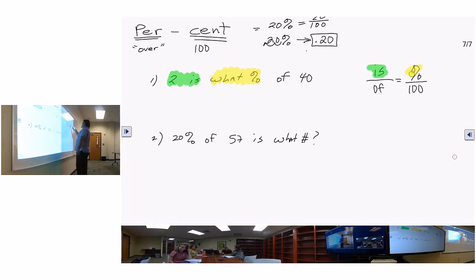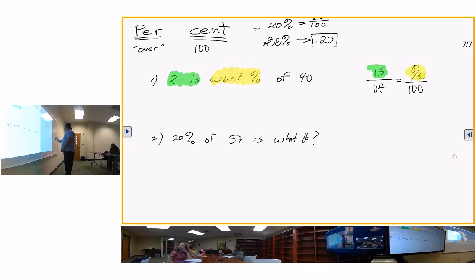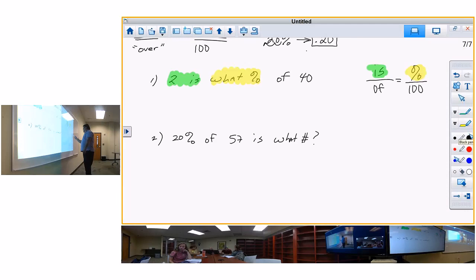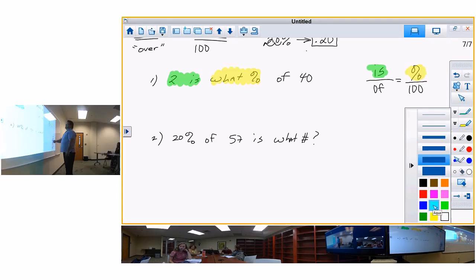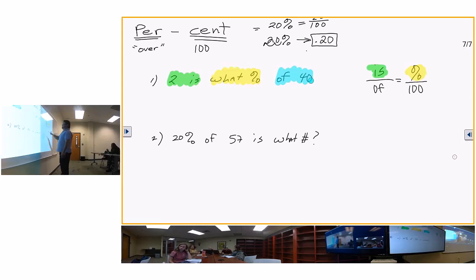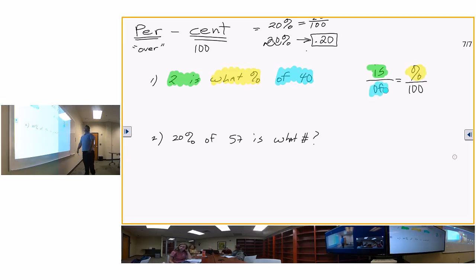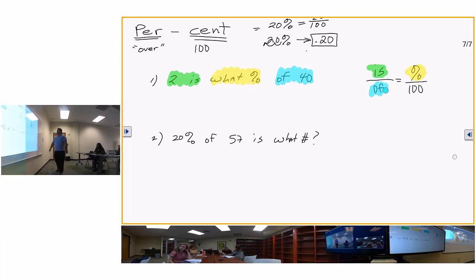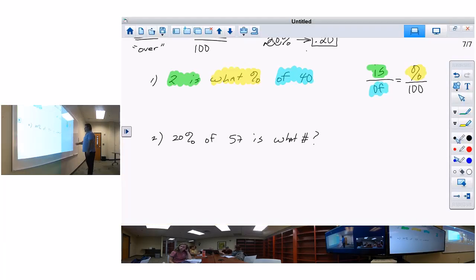That goes there. And of 40, dang old aqua. And where does that of 40 go? There's only one place it can go. Right there. Now what are we going to do? Plug and what? Plug and chug.